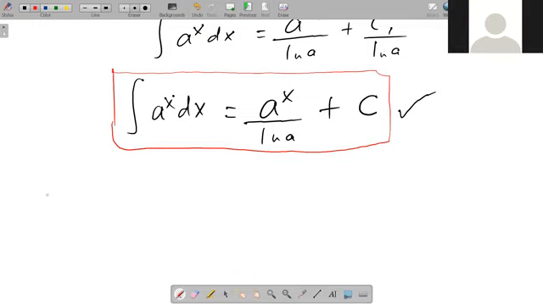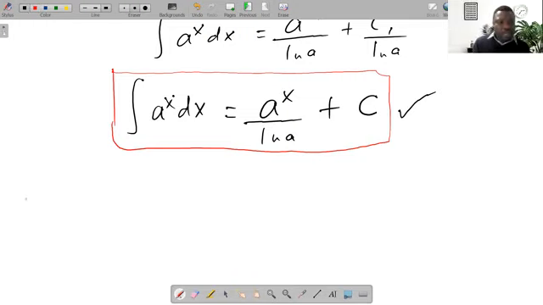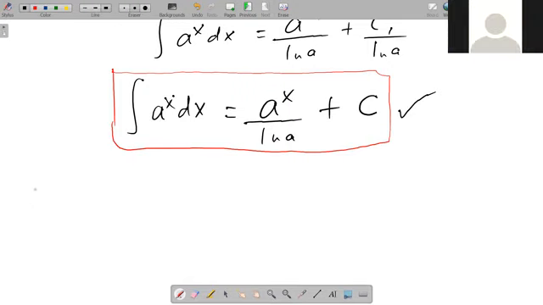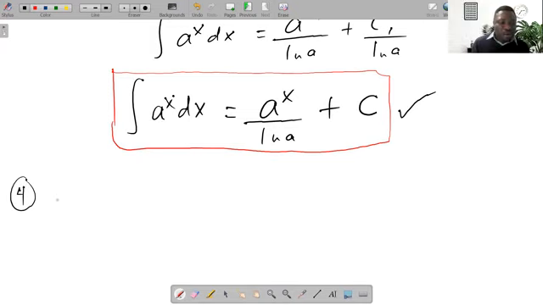I think we're good. Okay, now let's look at the, I'm not sure what number this is going to be. Maybe you can tell me. I'm not sure if this is going to be rule 4 or rule 5. This would be number 4. Okay, 4. So let's talk about the trig ratios.